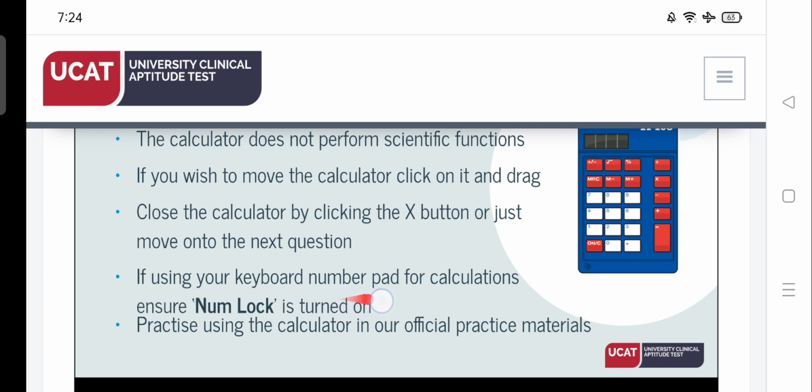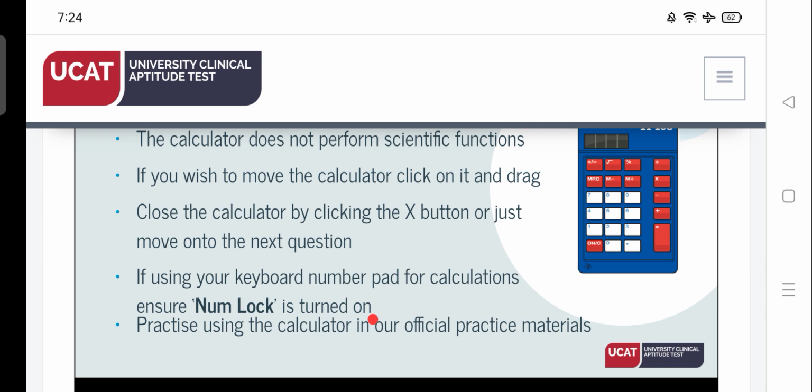If you're using your keyboard number pad for calculations, ensure numlock is turned on. If you are not using your mouse and are using your keyboard, then you can use your keyboard number pad for calculations.